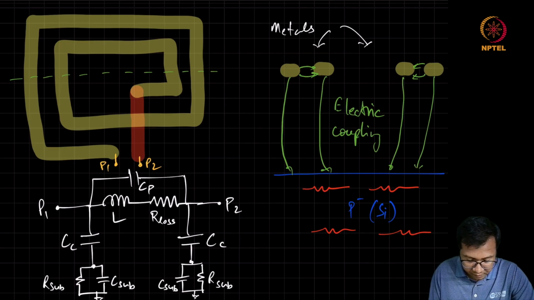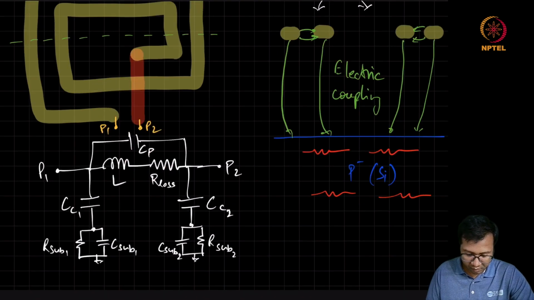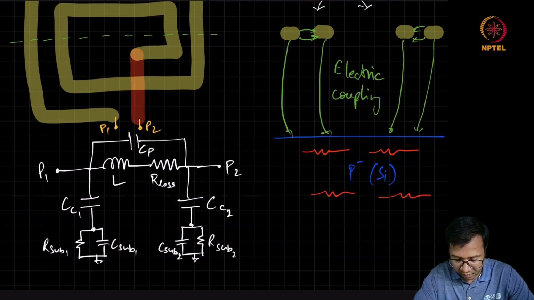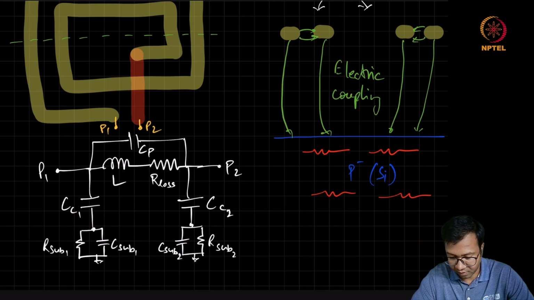And if the inductor structure is not symmetrical, so these coupling capacitance, substrate resistance may also be not identical. So this model of the inductor captures various non-idealities, and this model is kind of accurate for these gigahertz frequencies in which we are interested.